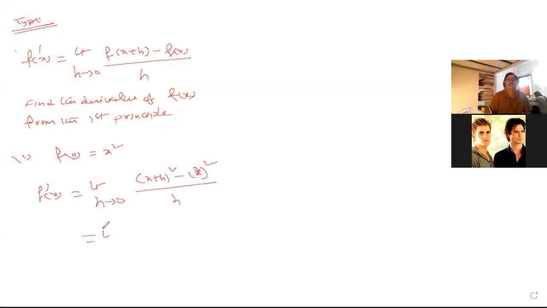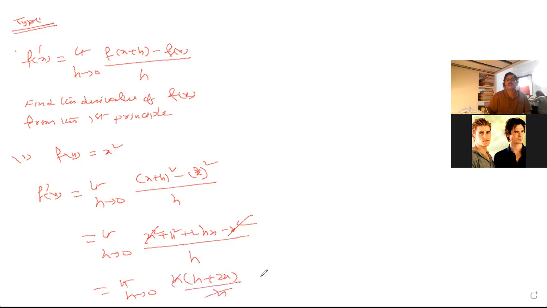One of the easiest ones: h square plus 2hx, minus x square gone. If you take h common, it is a 0 by 0 form. H plus 2x divided by h. H you can cancel. 0 plus 2x is nothing but 2x, the answer.